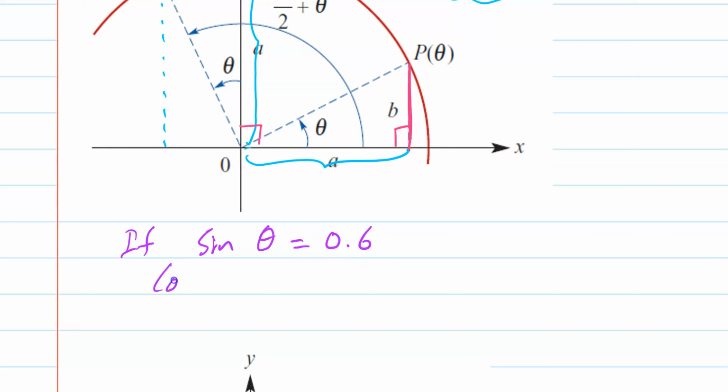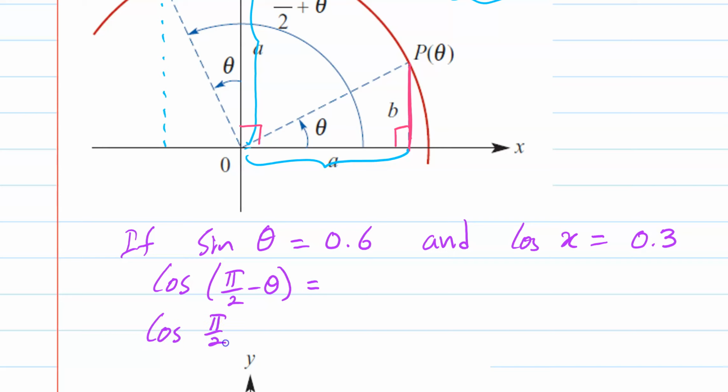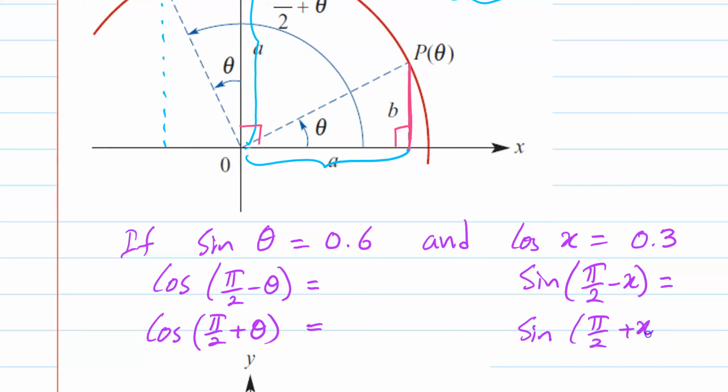I want you to find cos pi on 2 minus theta, and cos pi on 2 plus theta. And if cos x is 0.3, another lucky number, I want you to find sine pi on 2 minus x, and sine pi on 2 plus x.